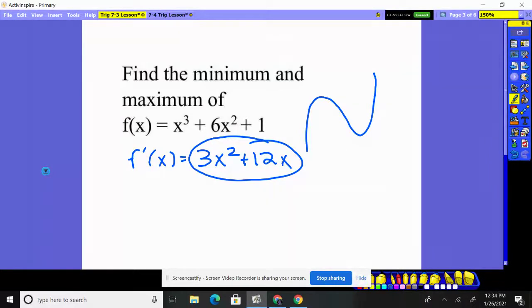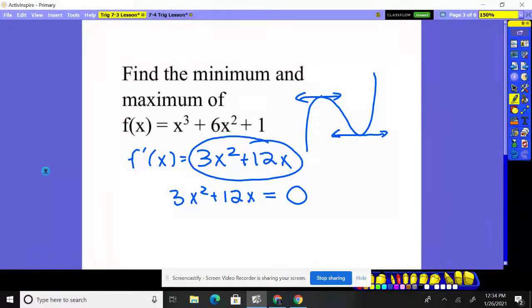The key is I want to know what x value I'm going to plug in there that's going to give me a slope of 0. That's going to occur twice. So what I want to do is say, when does this guy have an answer of 0? If we solve that, we can find it. Okay, what factors out here?